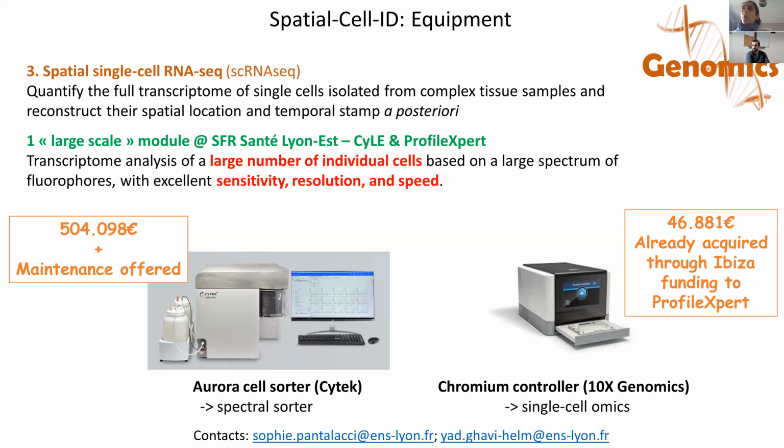So you can really sort very different types of populations. And this will be combined with the Chromium controller from 10x Genomics, which does the single cell encapsulation for single cell omics library preparation. And this machine has actually already been acquired by the Profil Expert platform through EPISA funding.